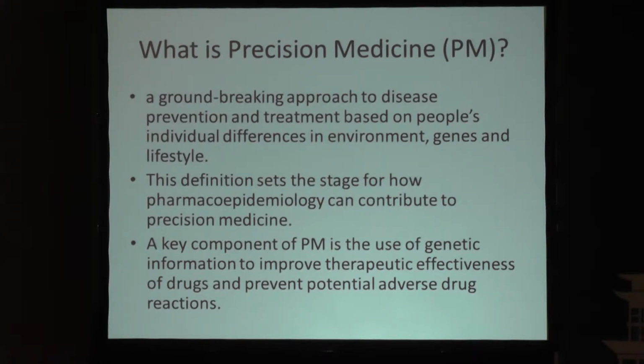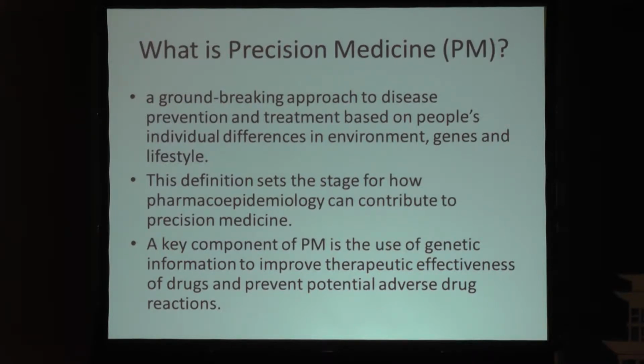It's an approach to the way we handle disease prevention and treatment that is based on an individual patient's differences in their environment, genes, and lifestyle. So in a very weird way, I'm really talking about almost all of pharmacoepidemiology. Now this definition sets the stage for how pharmacoepidemiology can contribute to precision medicine.